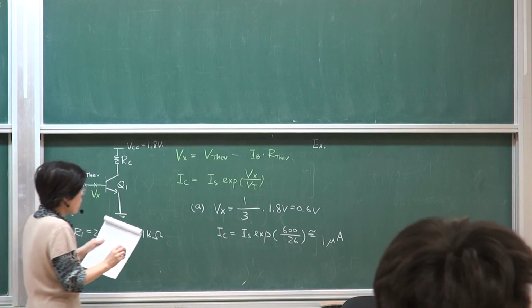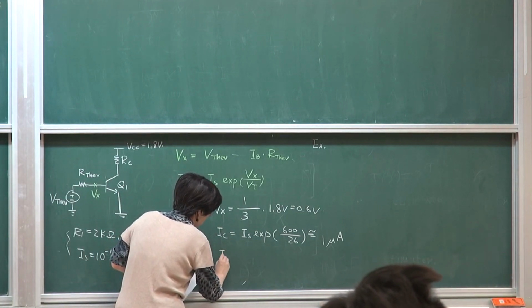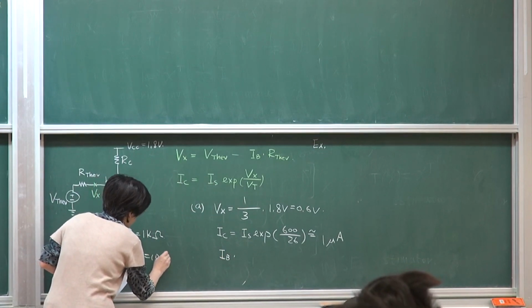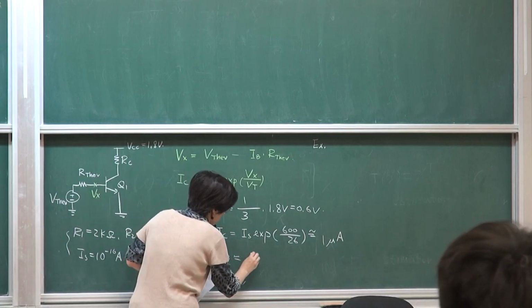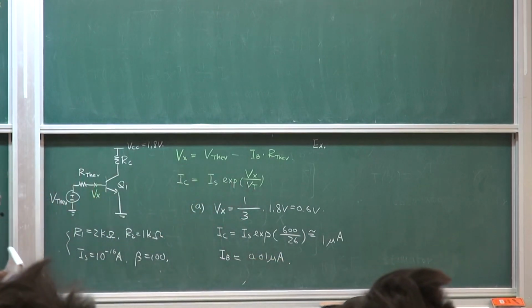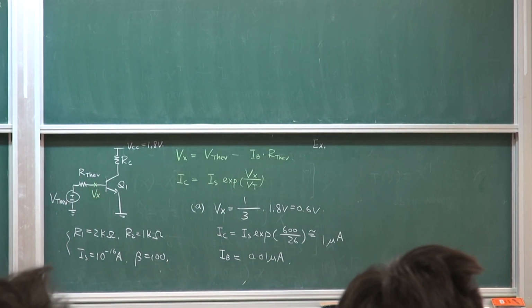And this will then correspond to an IB. I forgot to give you beta, 100 default. So this will be 0.01 microamp. Okay? So if you're considering this effect, you can do the correction later.